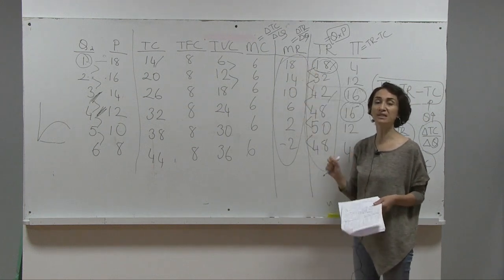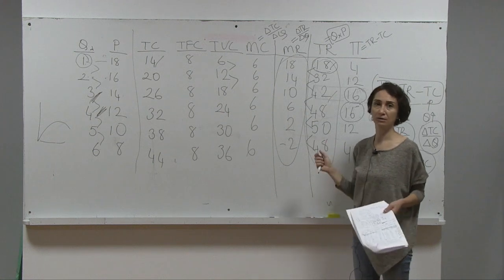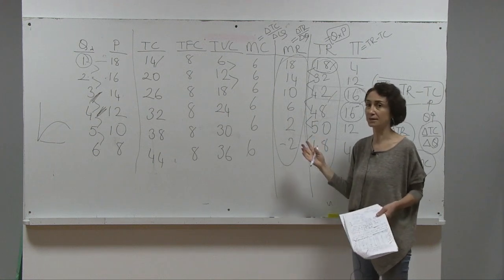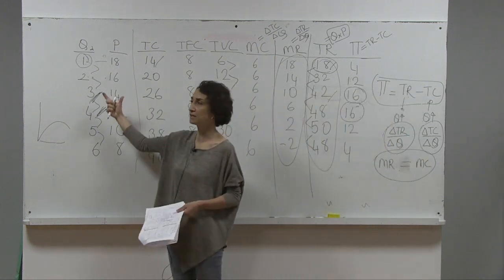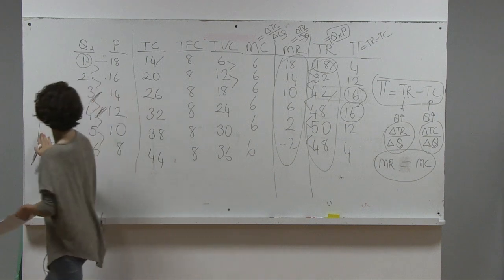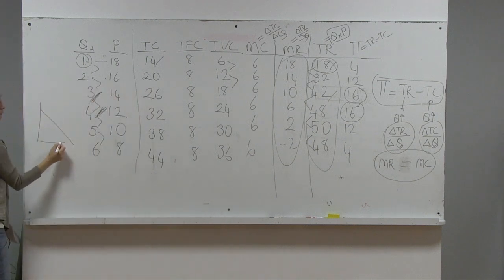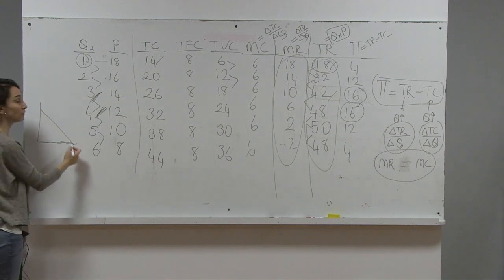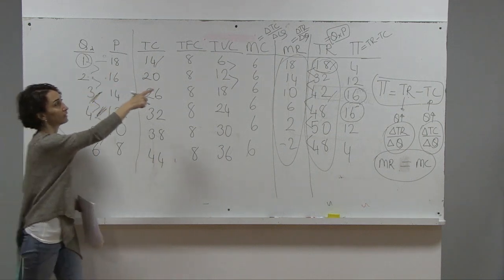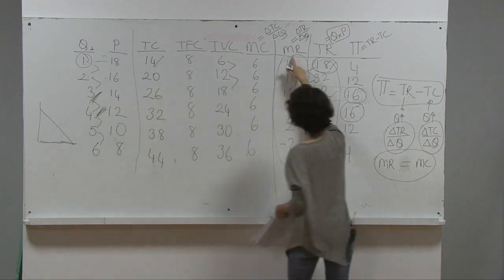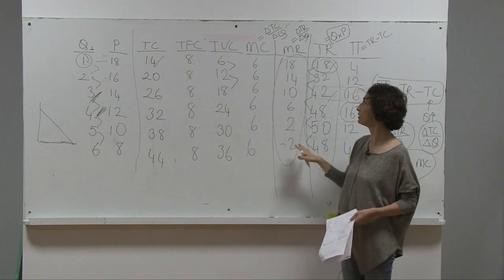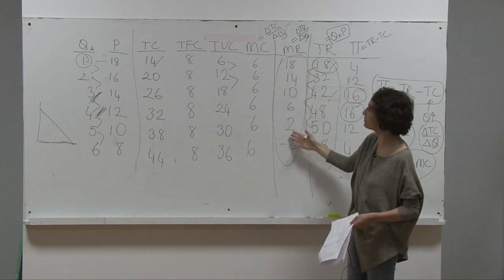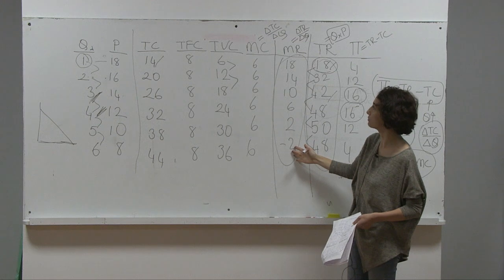Marginal revenue was a single number, 4 or 5, whatever the price is. In this example, because the firm is faced with a downward sloping demand curve, the marginal revenue curve is also downward sloping. We will do the drawings in the class, in the next session, but I just want you to observe this downward sloping marginal revenue.